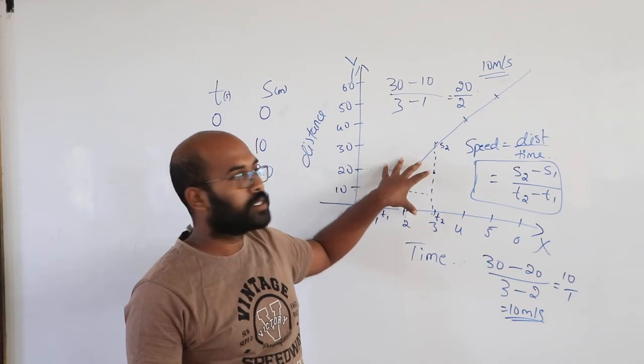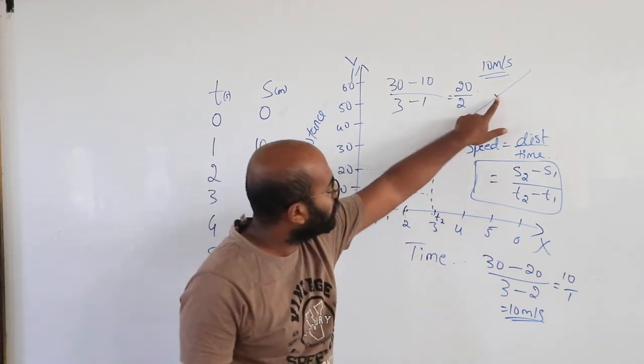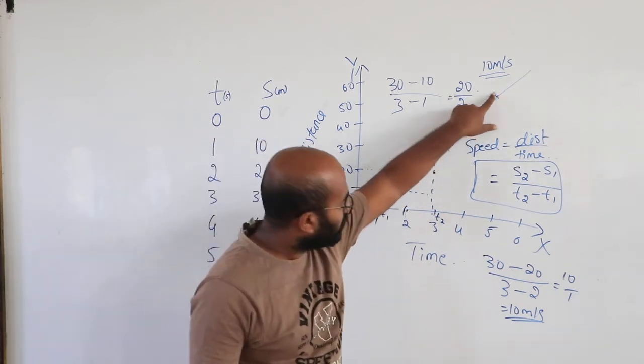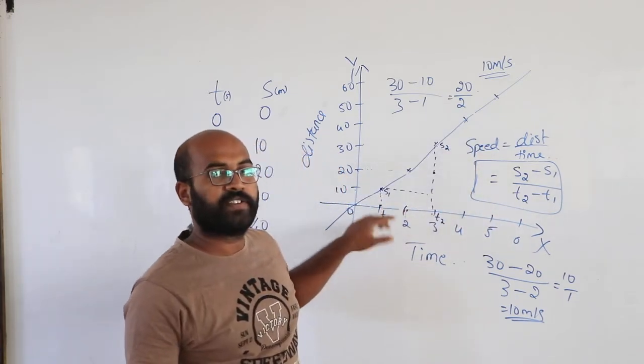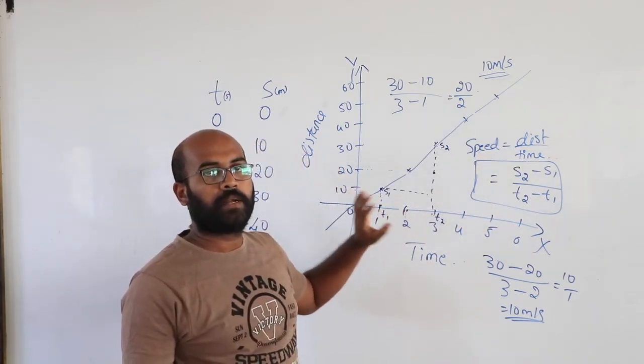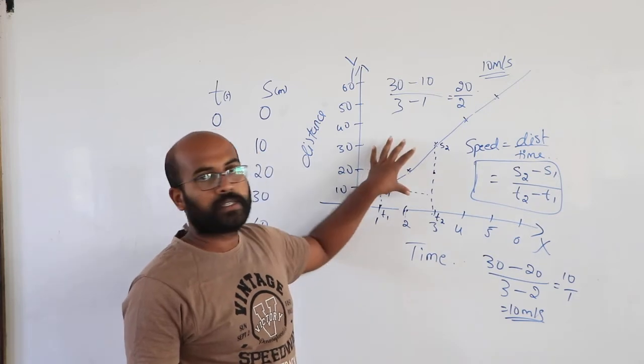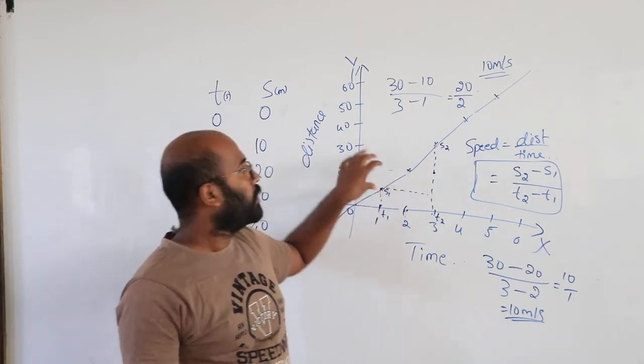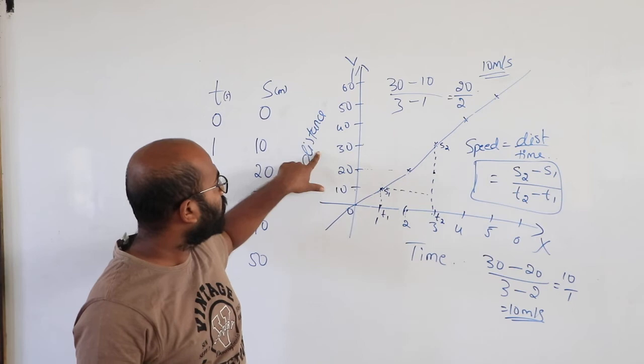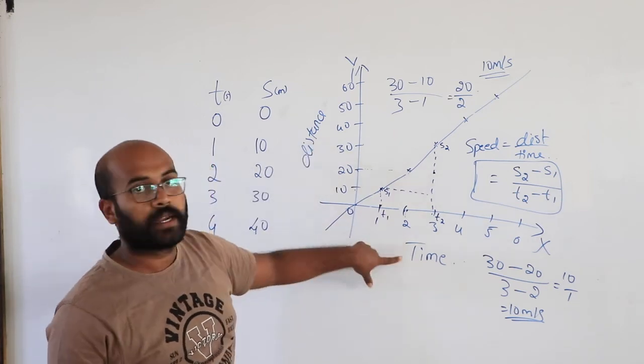In this particular situation, even if you calculate from here to here, from 5 seconds to 1 second, there it has to be 10 meter per second. So this is for uniform motion. Be careful. Here I have given distance and this is time.